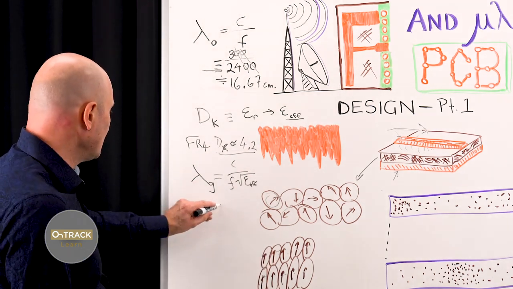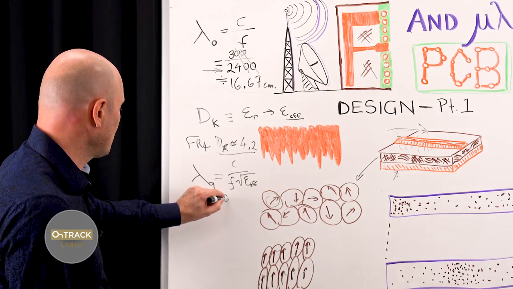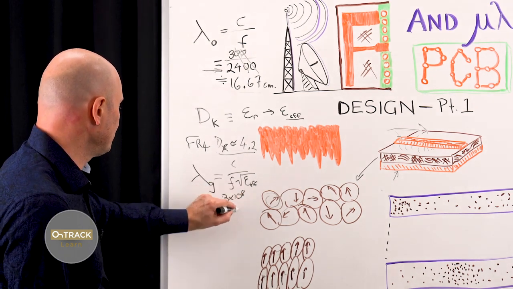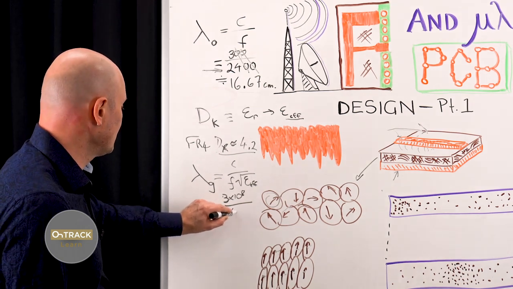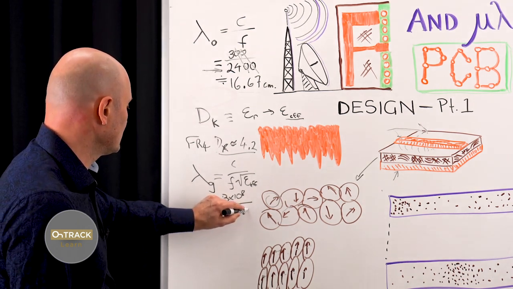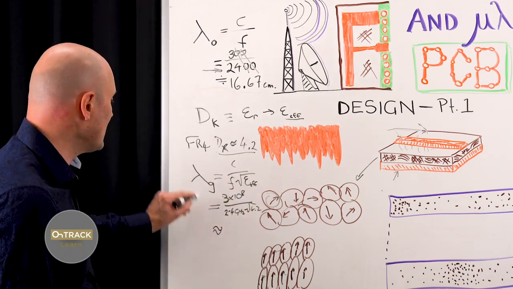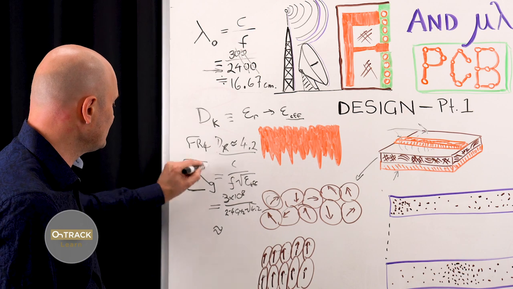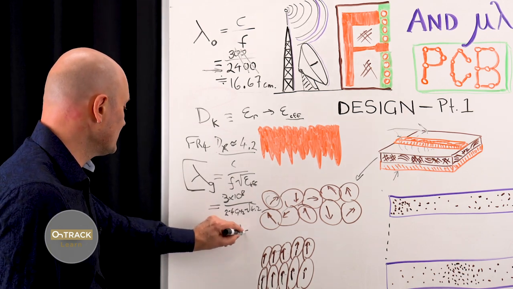So anyway, in this case we'd have 3 times 10 to the 8 over 2.4 gig times the square root of 4.2, and that gives us an approximate wavelength in a PCB of about 6.1 centimeters.